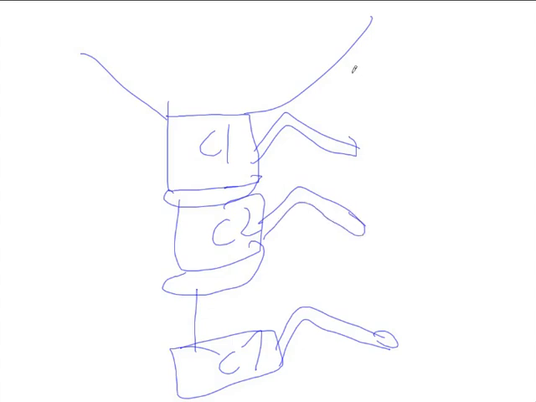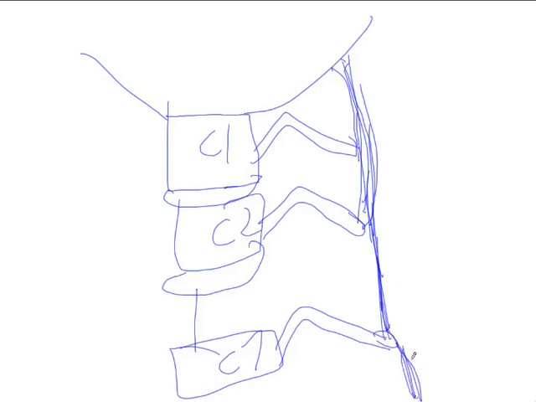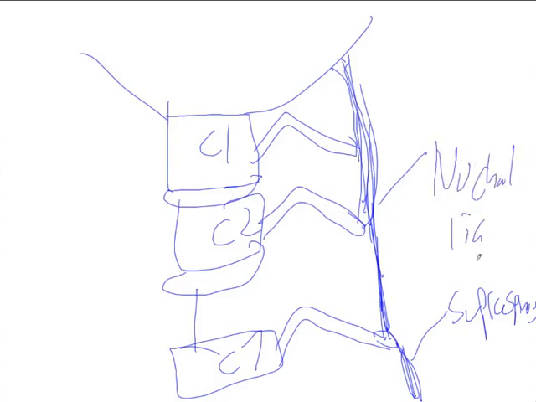So what the nuchal ligament is, it extends out from that posterior occipital protuberance, and it goes down the tips of the cervical vertebrae, and then it goes all the way down here to C7, which then is continuous with the supraspinous ligament. So it's a specialized supraspinous ligament for the cervical region. So that's the nuchal ligament.